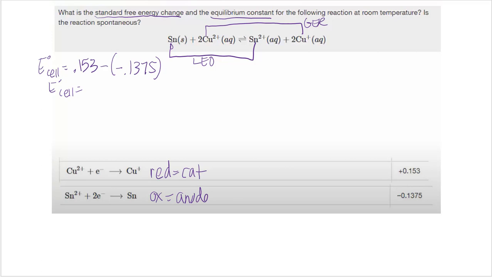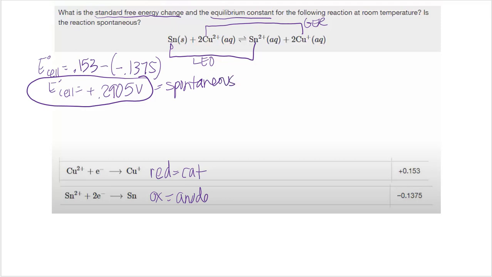So Ecell should be positive 0.2905 volts. That tells me it is spontaneous. That also tells me that I should have a negative delta G and a K that's greater than 1. All right, let's go and find delta G next.